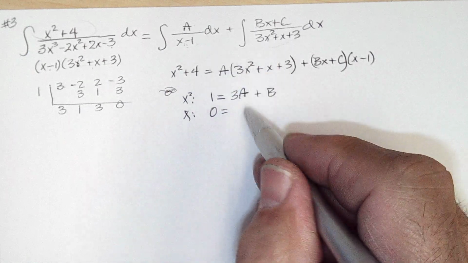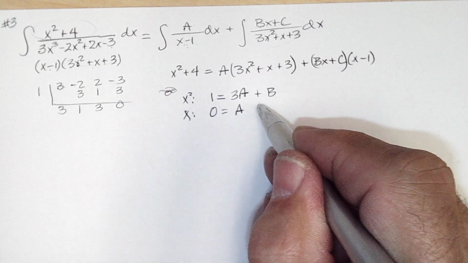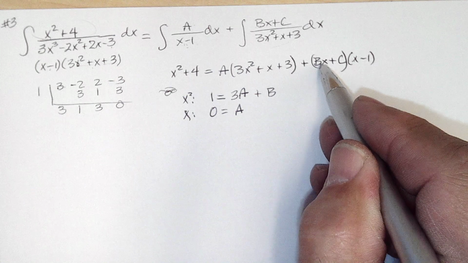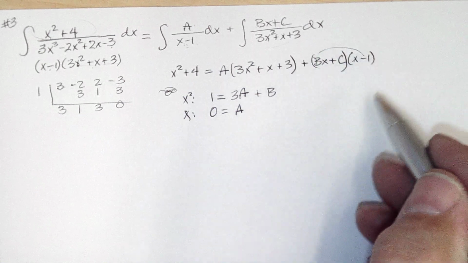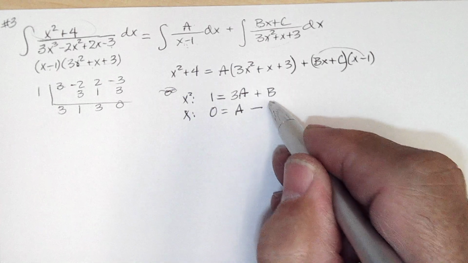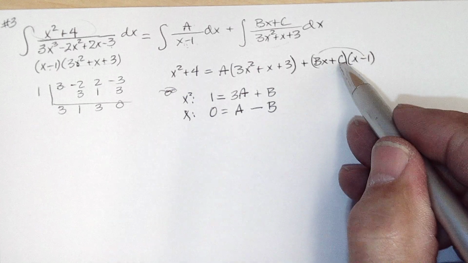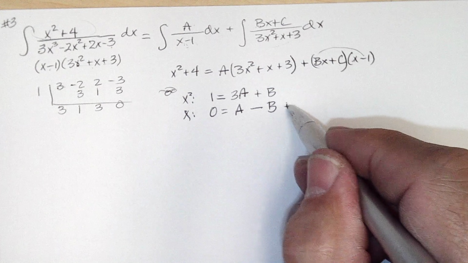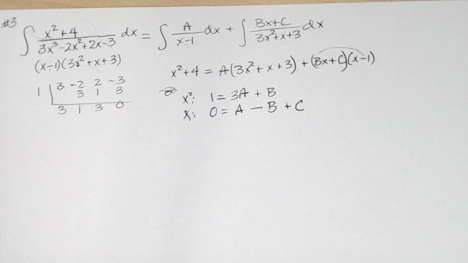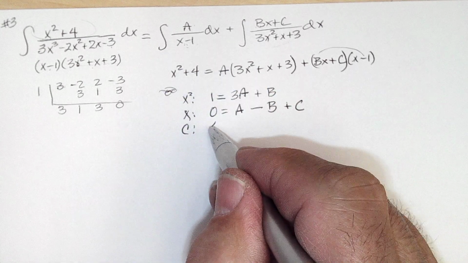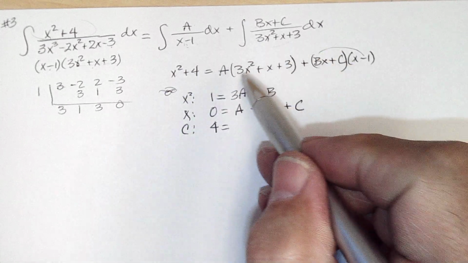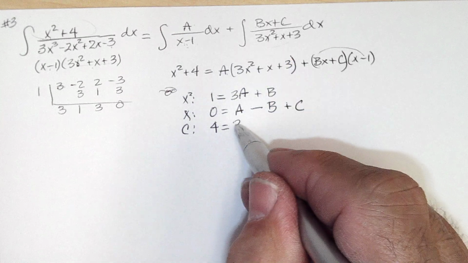And here I would have A x's, and from this times this, I'll have minus B x's, and from C times this I'll have plus C x's. And then for the constant, I have a 4, and over here I'm going to have 3A.